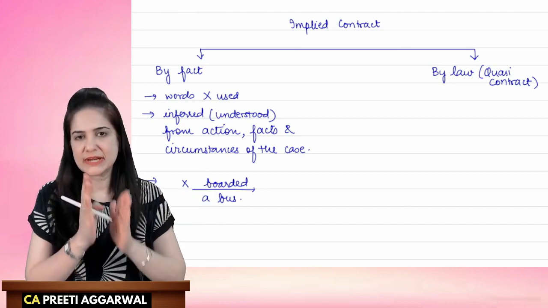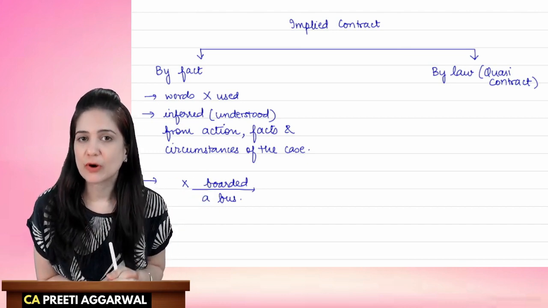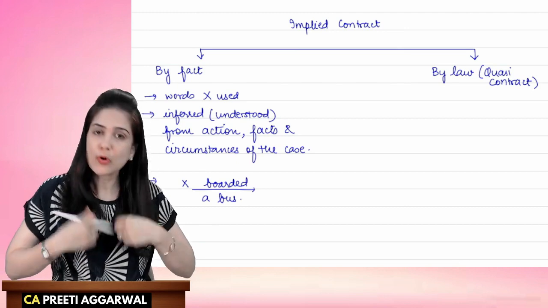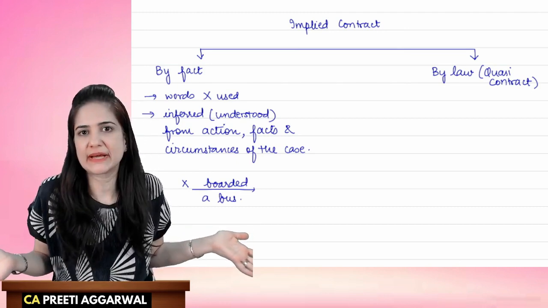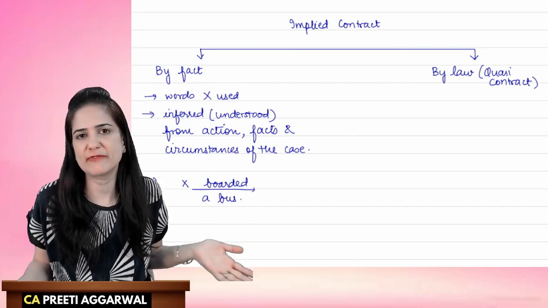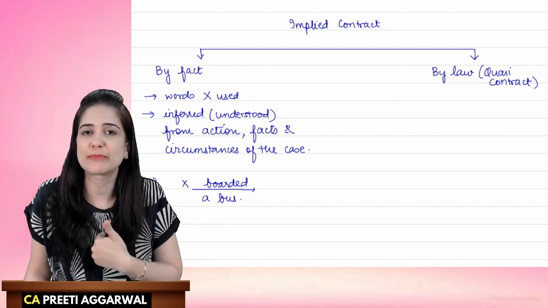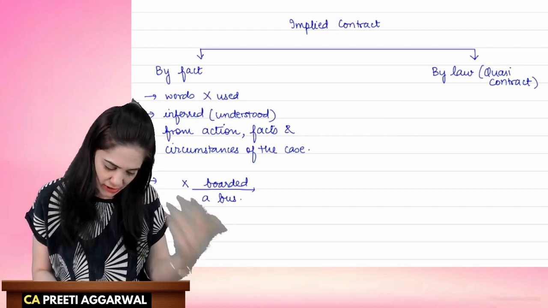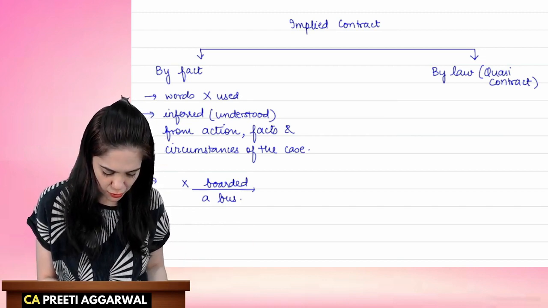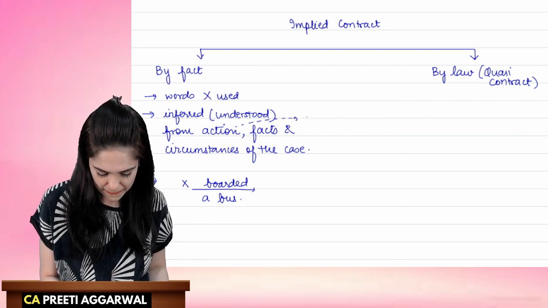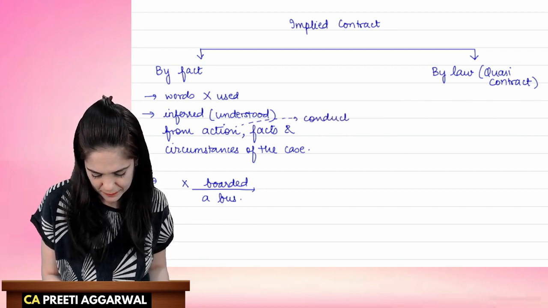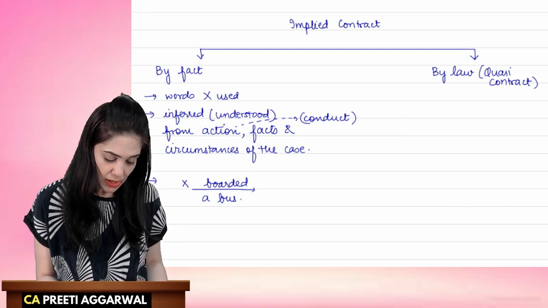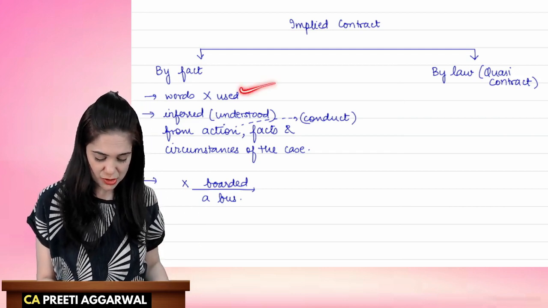X boards the bus. That's an implied acceptance: I am using your services, I will pay for it. Words are not used. It is understood from our action, or you can also say conduct.